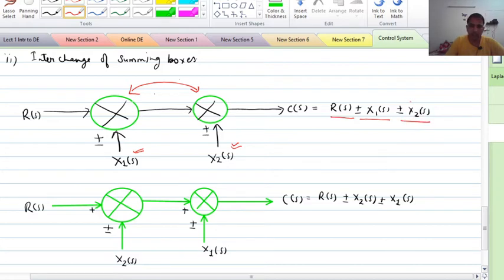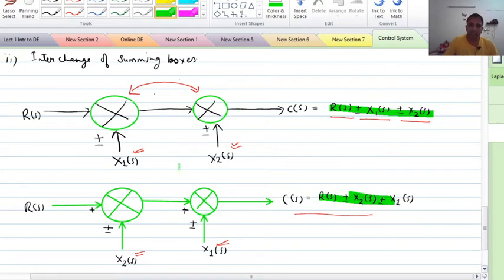This is a commutative property, so you can easily interchange these two inputs, X2s and X1s, because these two summing boxes look alike, and we will get the same output as with the previous one.